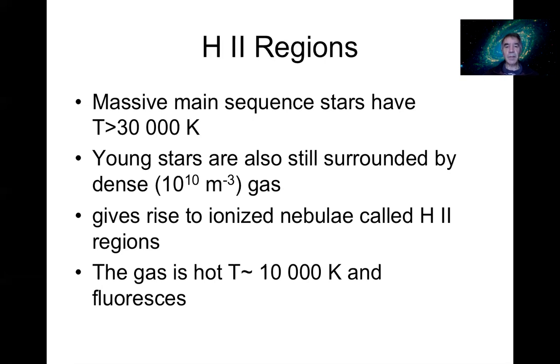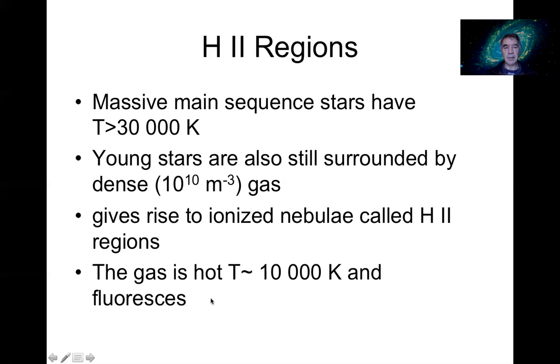So the typical parameters for an H II region are these sort of densities, 10 to the 10 per meter cubed, and 10,000 Kelvin. So hot, dense-ish gas. And what we want to go on to now is how to observe this kind of gas.